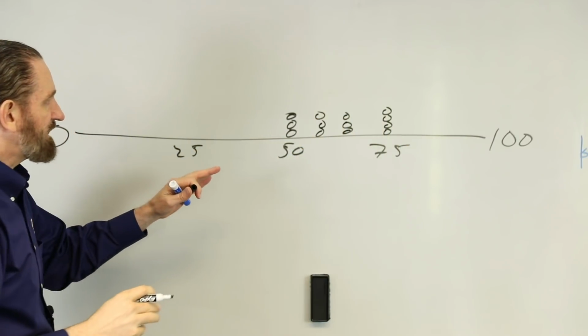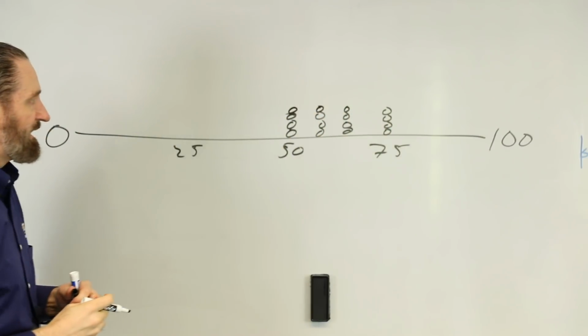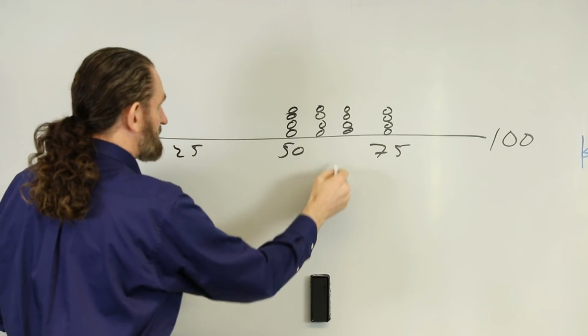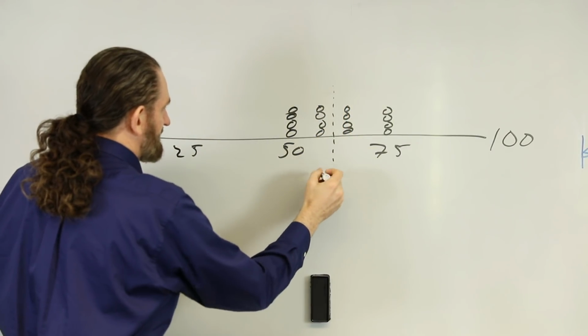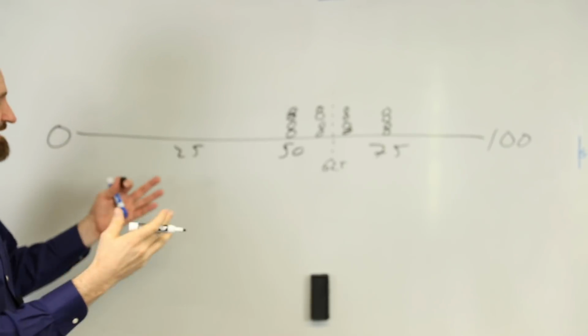Now, in this particular case, our data distribution is fairly evenly spread. And if we were to look for a mean within all this, the mean would probably be somewhere right there in the center, and it looks like that might be 62.5, and that would give us some idea about our data set.